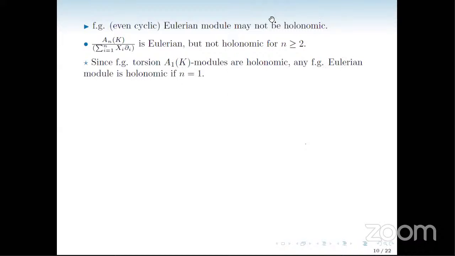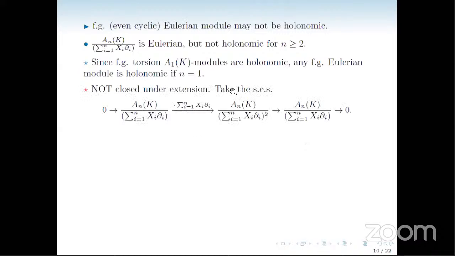That comes from the equation. So that means this is a torsion module, and we know that any finitely generated torsion A_1-module is holonomic. It is also known that any holonomic module is a torsion module for n greater than or equal to 2, but the converse is not true. Any holonomic modules are torsion modules, but torsion modules need not be holonomic when n is strictly greater than 1.